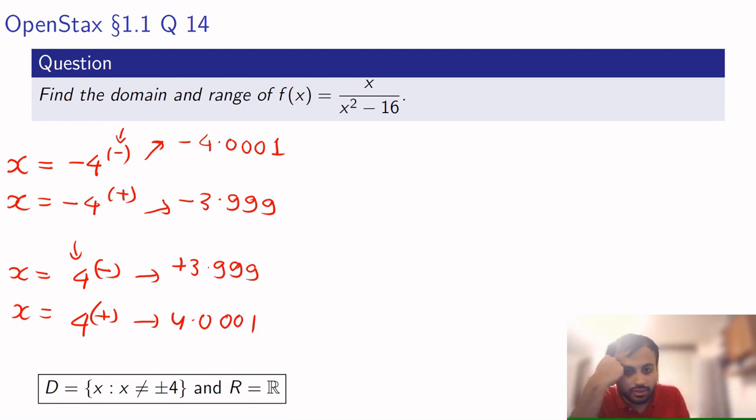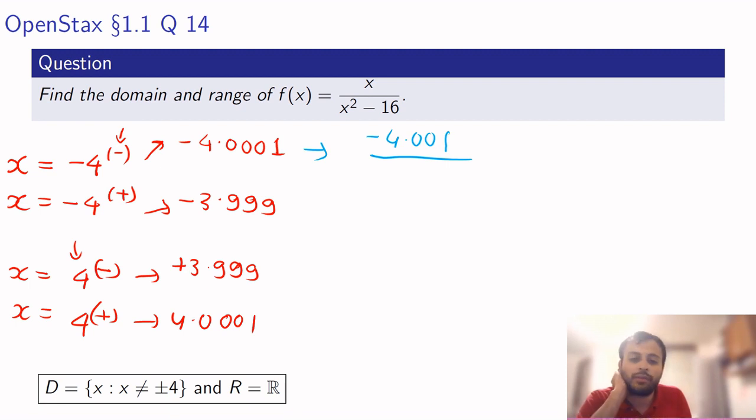Now let's plug in these values and see what the value of f of x is. If you plug in a value like this, what you'll get is minus 4.0001, and due to the square the negative sign will go away. It would be just the square of 4.0001, which would be slightly bigger than 16, right?